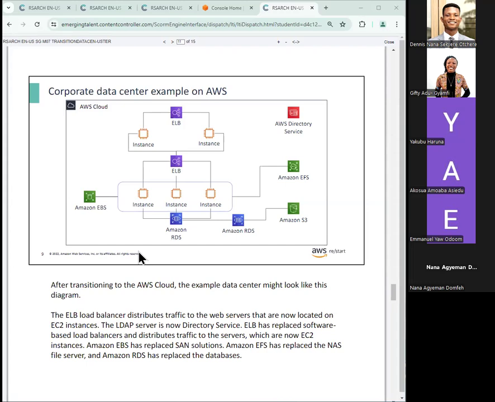In EFS, you have the option to pay for what you provision or to pay for what you use. S3, you pay for what? I'm asking you guys. What you use. Exactly. So this one, what you use, this one, what you provision, and with this one you have the option to choose. But by default, in EFS you pay for what you use.